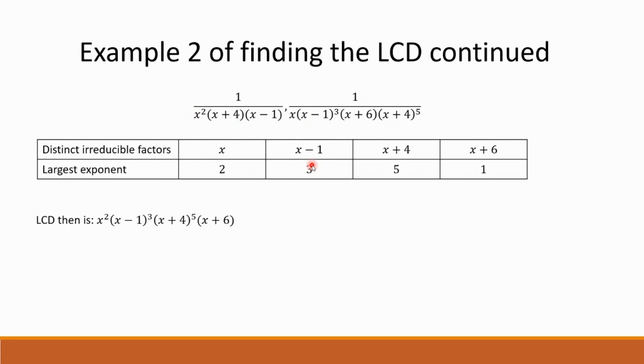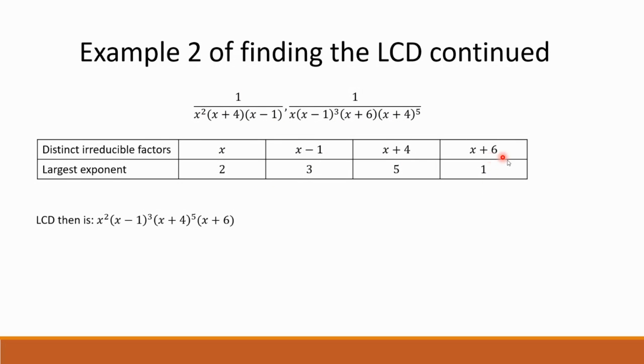Now we list their largest exponents among the denominators. For x, we have 2 and 1, so we take 2. For x minus 1, we have 1 and 3, so 3 we take. For x plus 4, we have 1 and 5, so we use 5. X plus 6 has only one exponent, 1, so we just use 1.